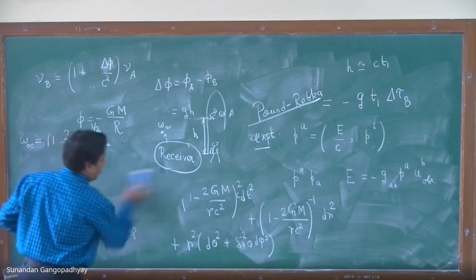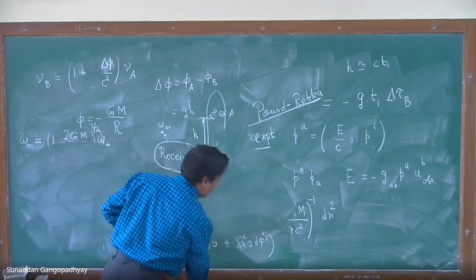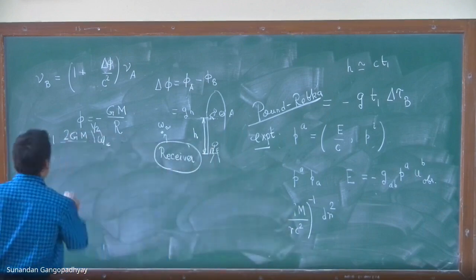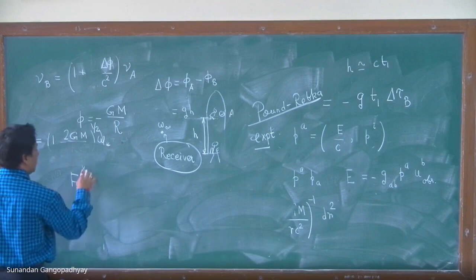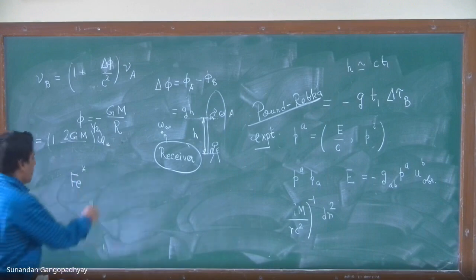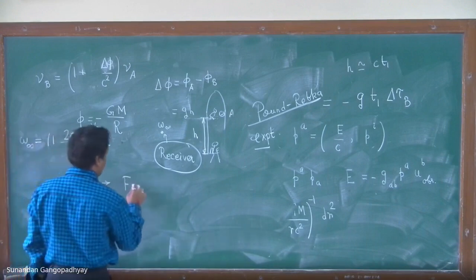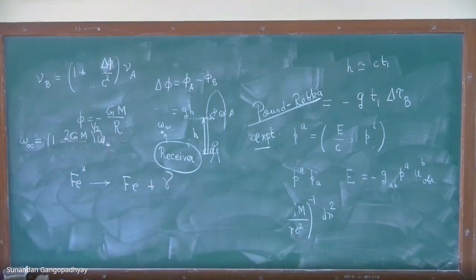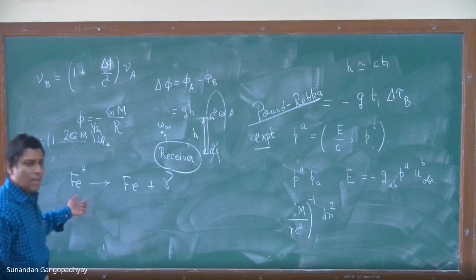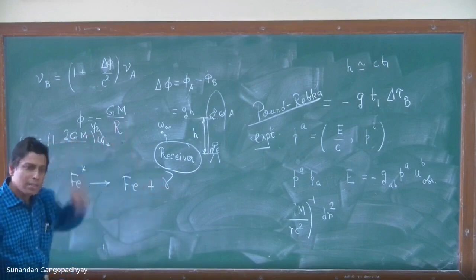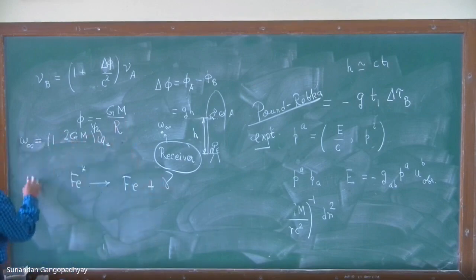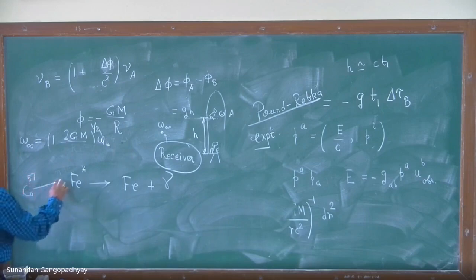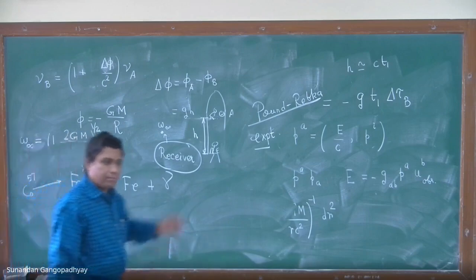As I told you, you have some iron, Fe star, in an excited state, emitting some gamma. How you get this iron star is a matter of nuclear physics. You get it from cobalt 57 by nuclear beta decay.